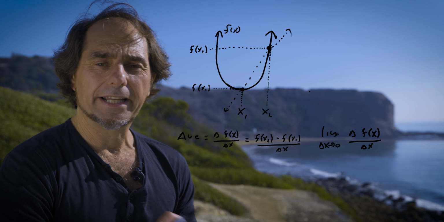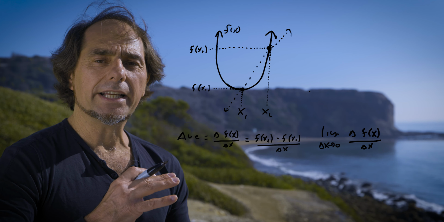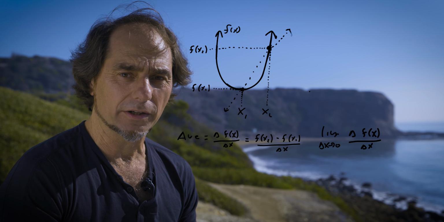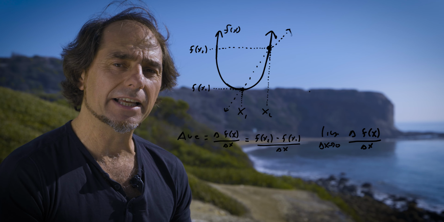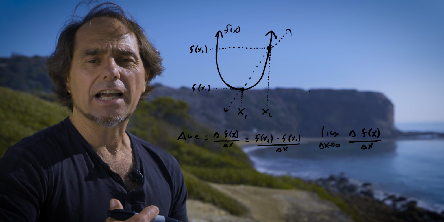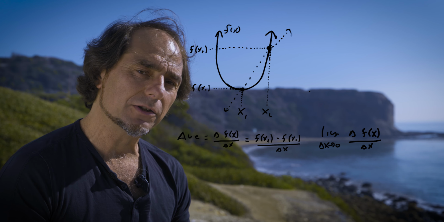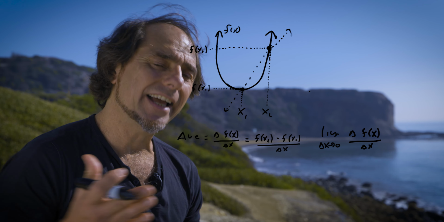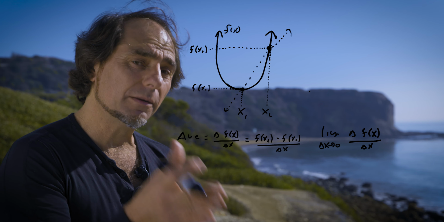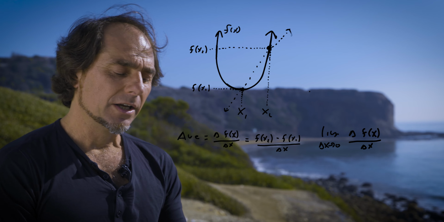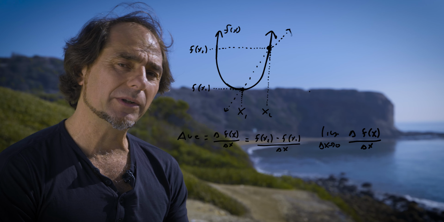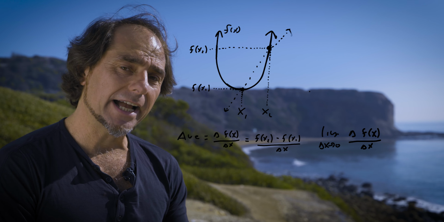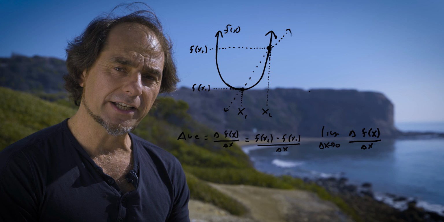The limit, in a general sense, is what the function is tending towards as we move towards values in x. As I move towards values in the independent variable, where is the y value tending towards? Not where it's going to be, but where is it tending towards? So we're going to ask what happens as we take the limit as delta x approaches 0 of this thing.